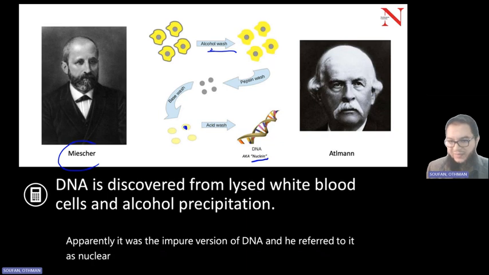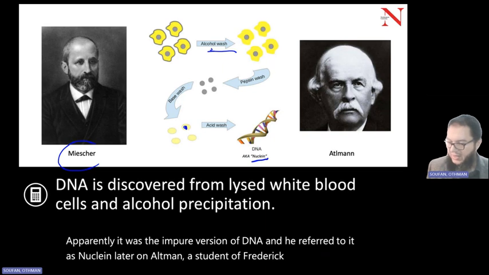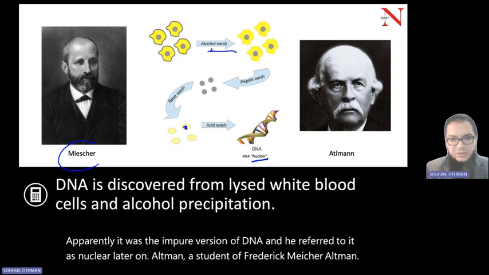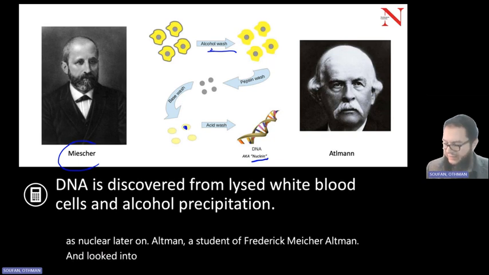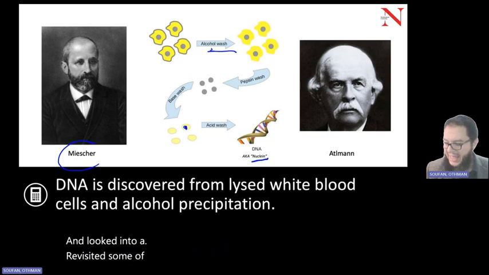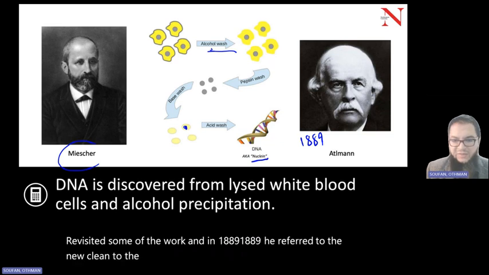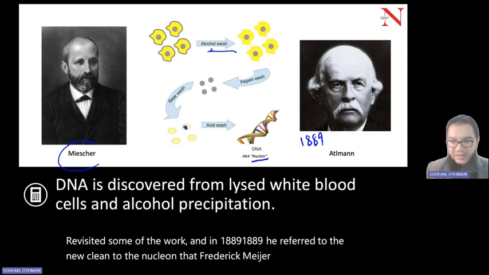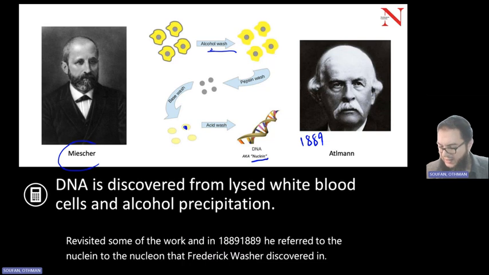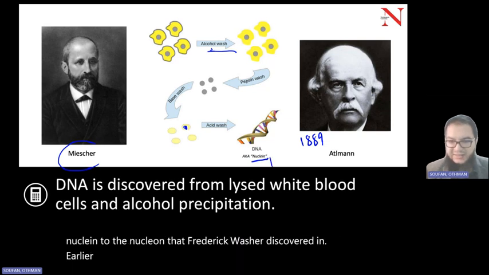Later on, Altman, a student of Friedrich Miescher, revisited some of the work, and in 1889, he referred to the nuclein that Friedrich Miescher discovered earlier, around 1871, when he published his research.